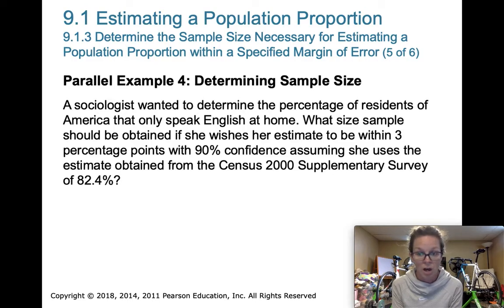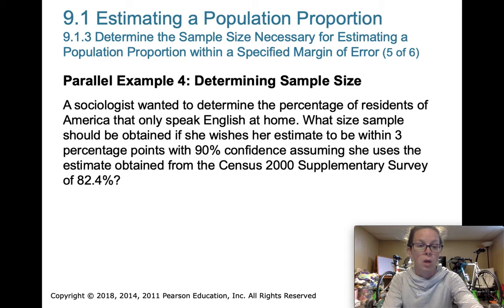That's our margin of error: 3 this way, 3 this way. She's going to use 90% confidence. And she has some background information from the census in 2000, 82.4%. So that's her starting guess. We don't need to use that 50-50 because she has a starting guess.